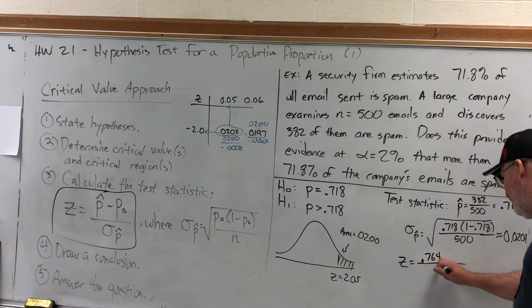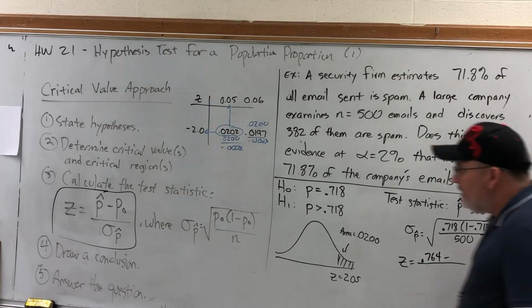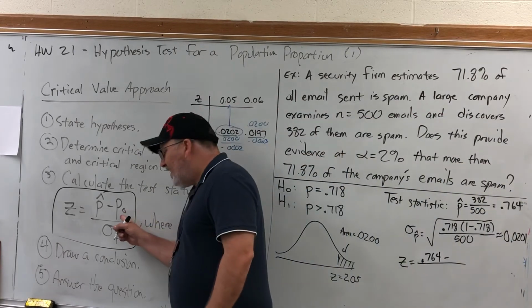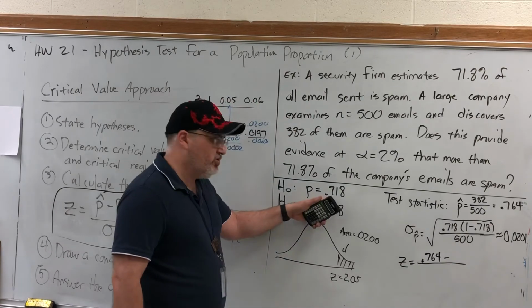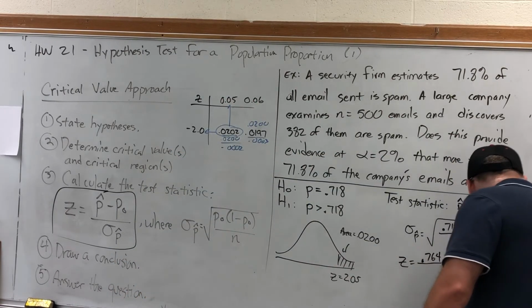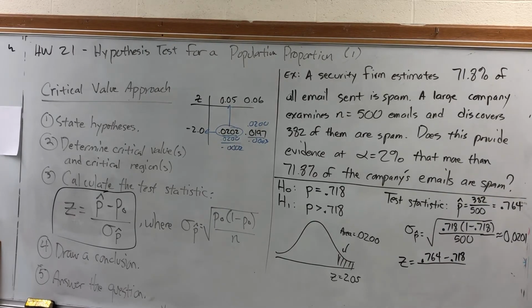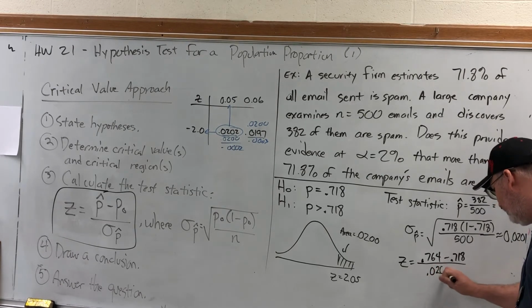It doesn't matter how good you are. If you're not careful, you will make careless mistakes. Minus the hypothesized value of the proportion from the null hypothesis, which was 0.718, divided by our standard deviation of the sampling distribution of p hat, so 0.0201.